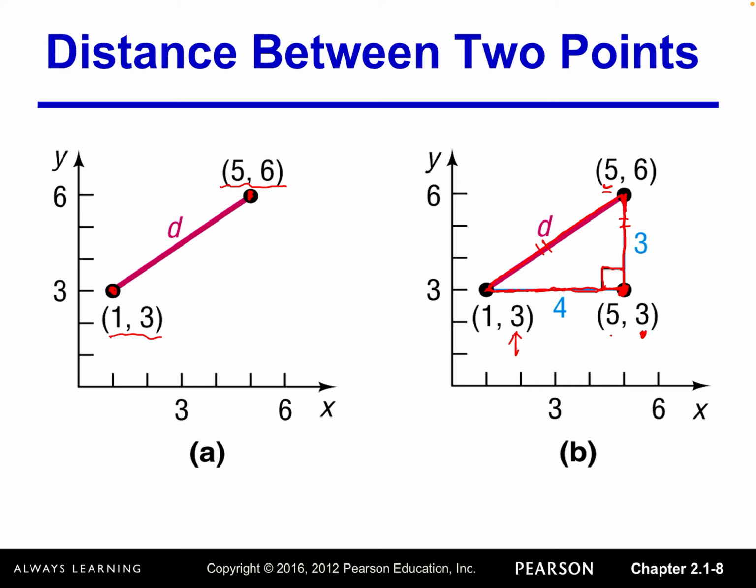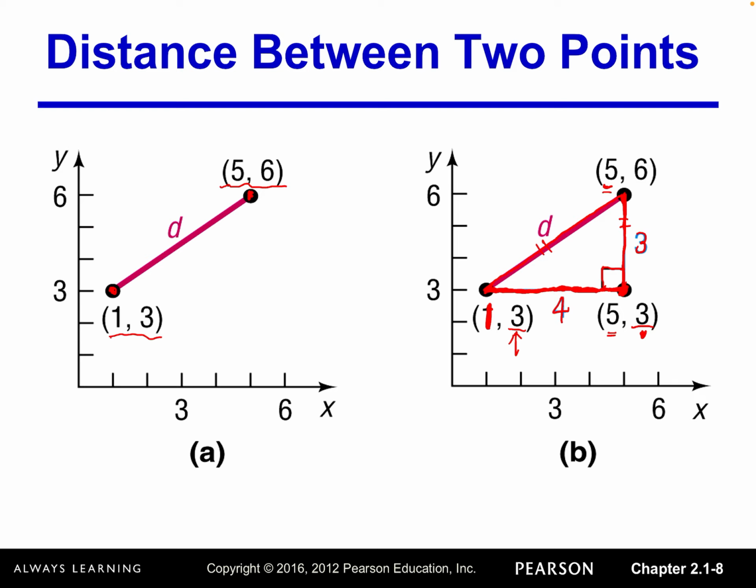In this vertical line segment, the x coordinate is the same, both 5. And from 3 to 6 is going up 3 units. Similarly, for the horizontal line segment, since the y coordinates remain the same, the distance between the two x coordinates is the length of this line segment. So the leg is 4.